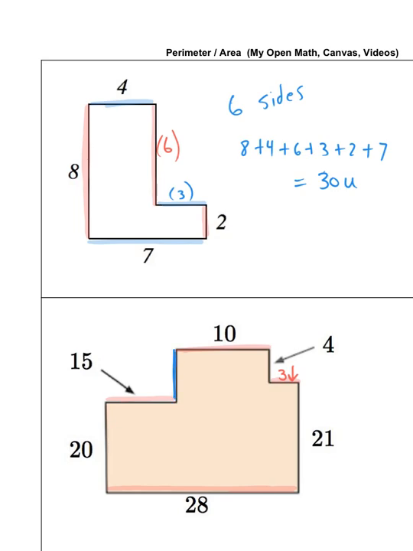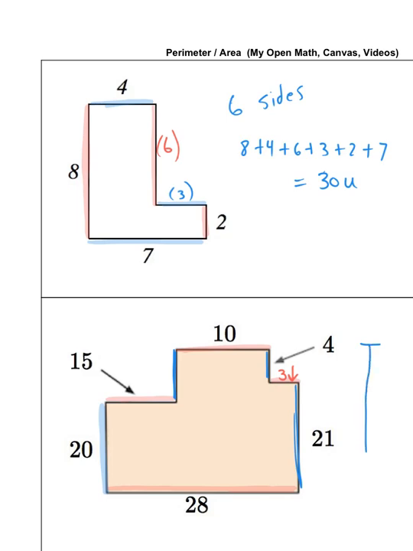All right, so now what we have to do is we have to look at the 20 right here. Okay, these 2 side lengths here have to add up to this 4 and this 21.